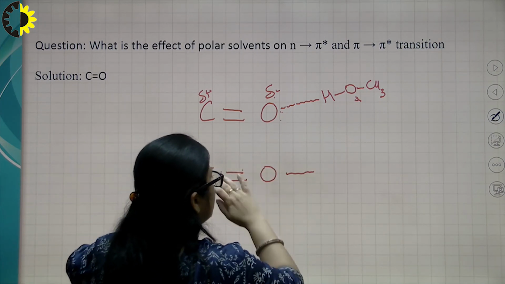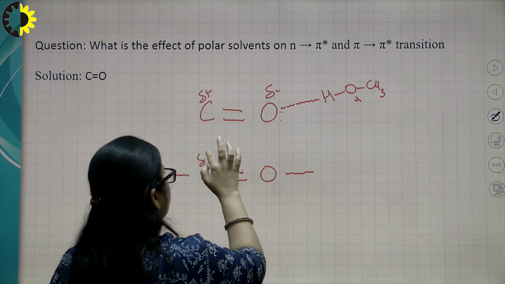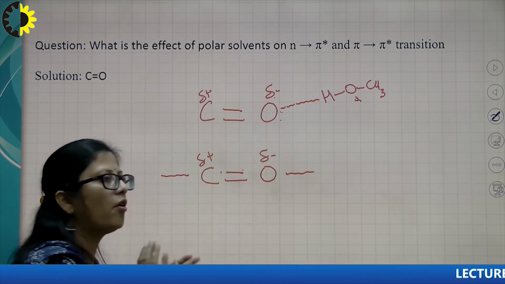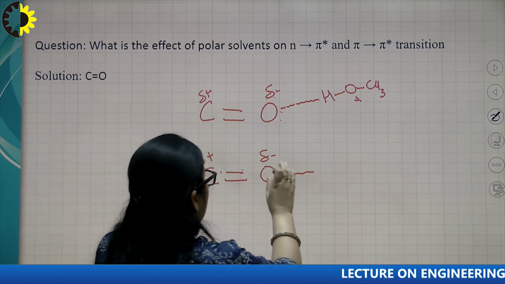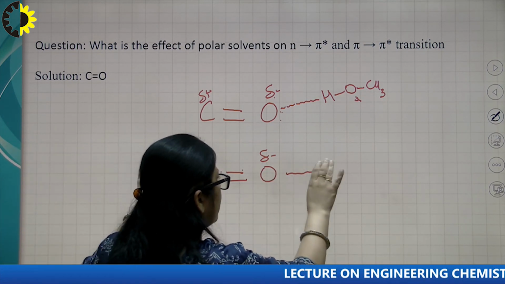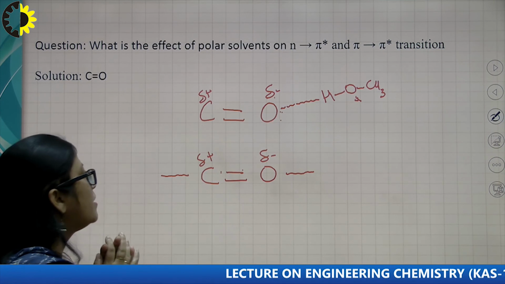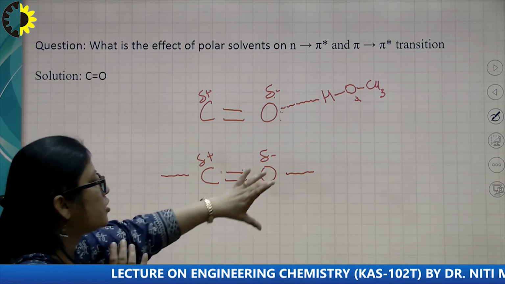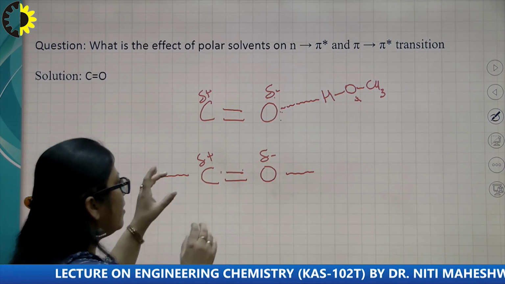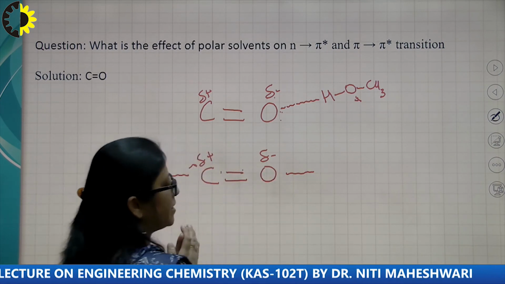Because the bond is positive and negative, the polar solvent will also have positive and negative ends. Therefore, they get attracted towards the opposite signs. There are electrostatic forces of attraction between the solvent and our sample. Therefore, this bond gets elongated.